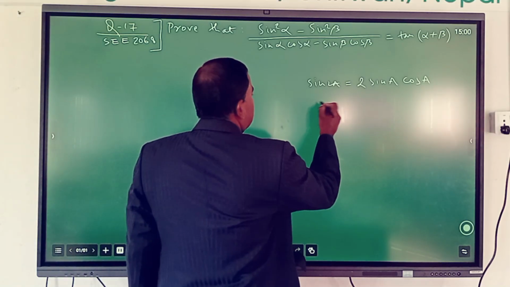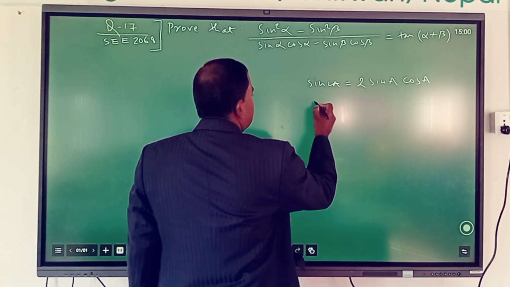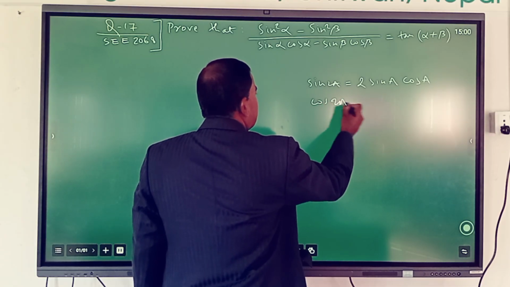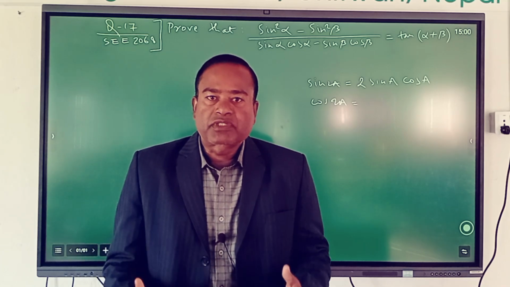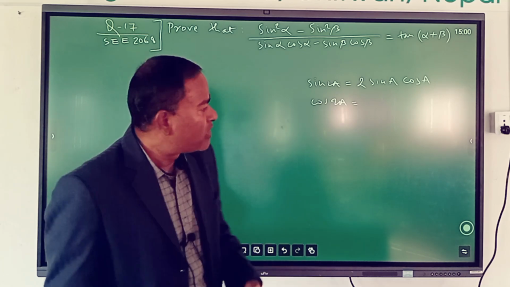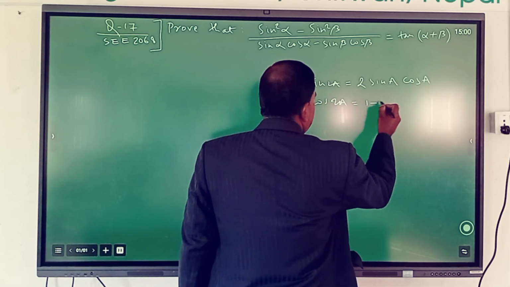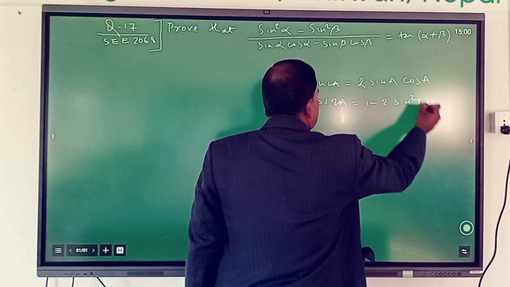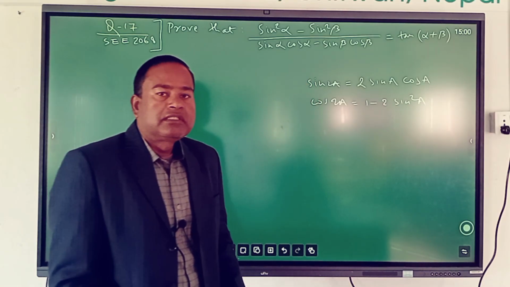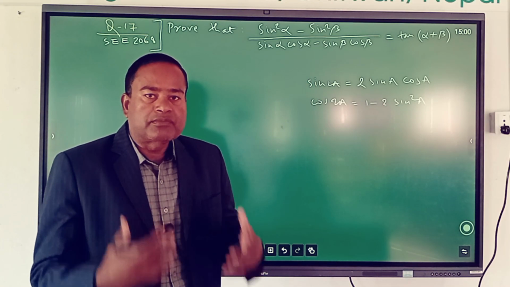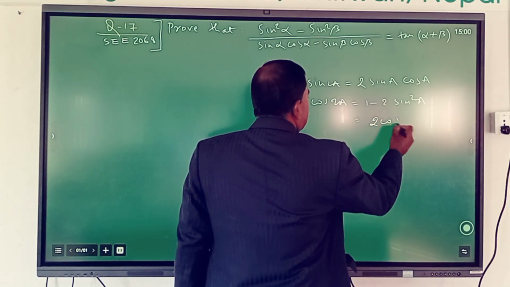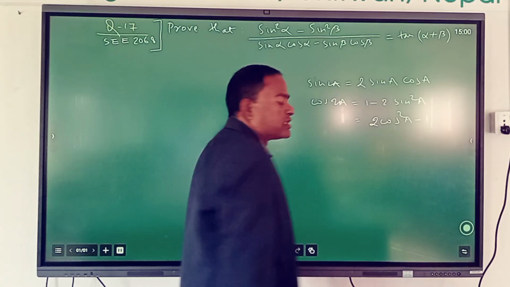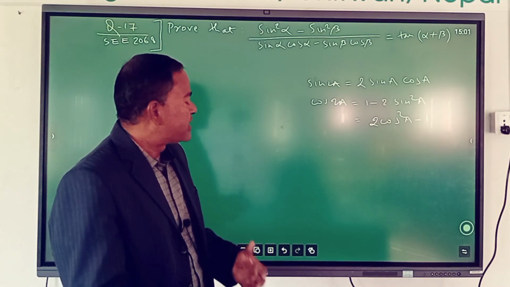Next we have to recall the formula of cos 2A. The formula of cos 2A in terms of sine is 1 − 2 sin²A, and in terms of cos it is 2 cos²A − 1.